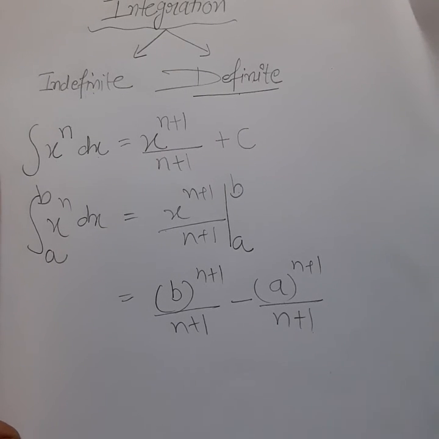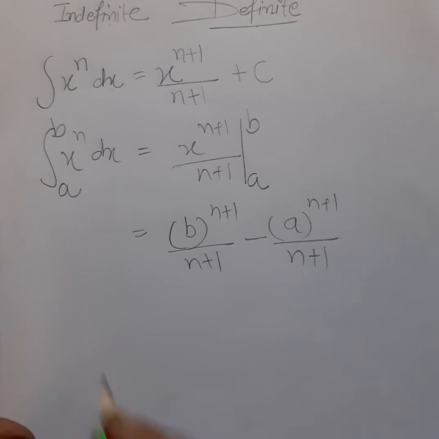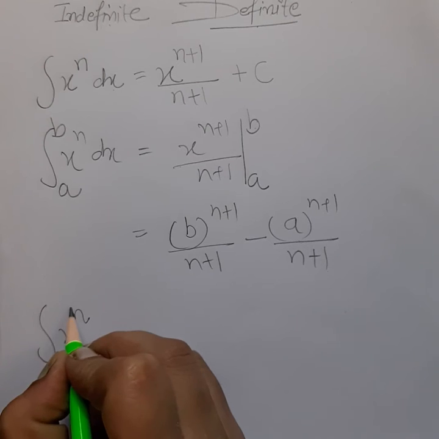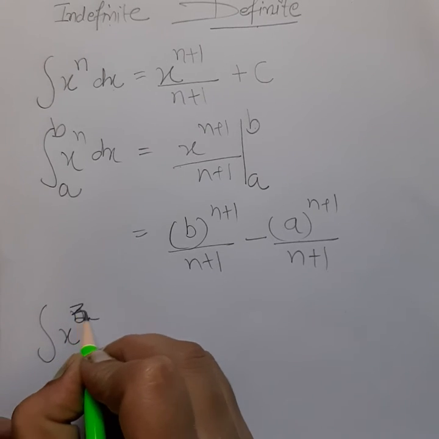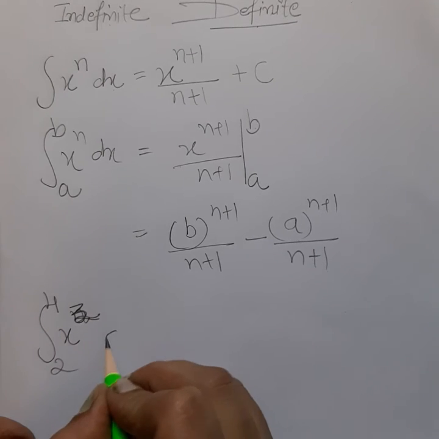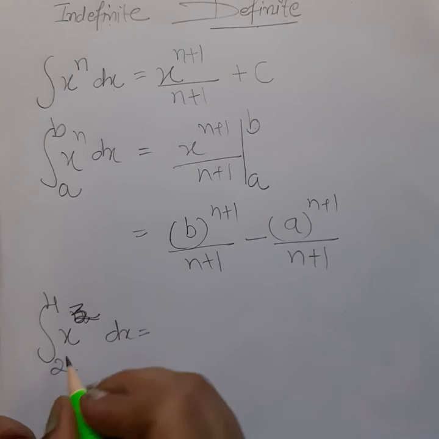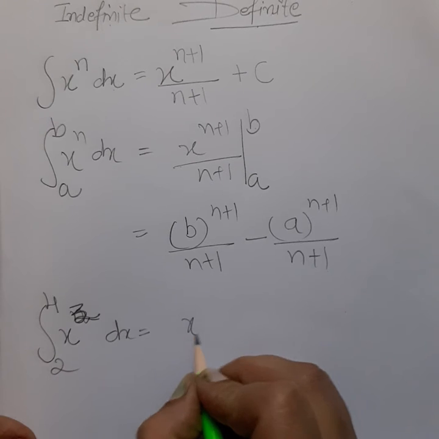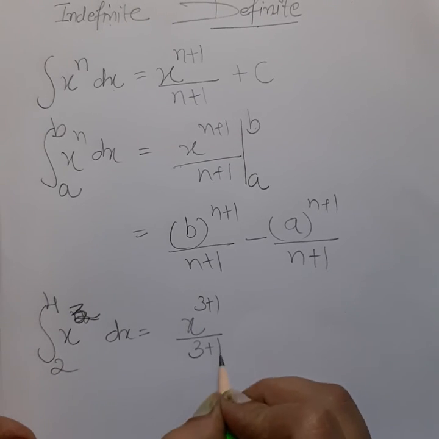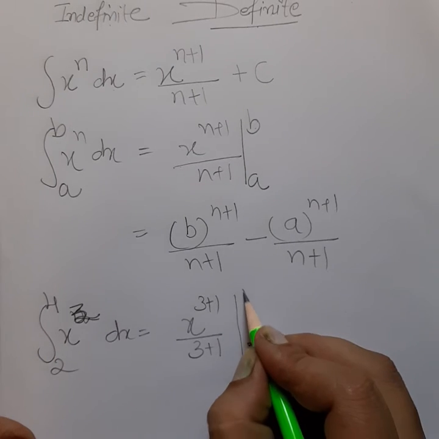To understand it, we can take an example, like we have to find the integration of x to the power 3, and we have the limits like 2 to 4. Then how can we solve it? We use this formula and we write here 3 plus 1 over 3 plus 1, and after that we put the limits.